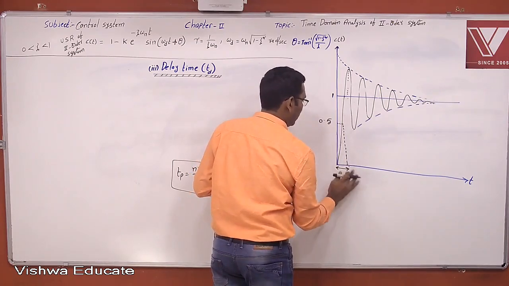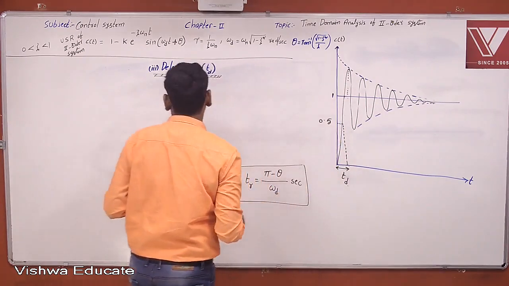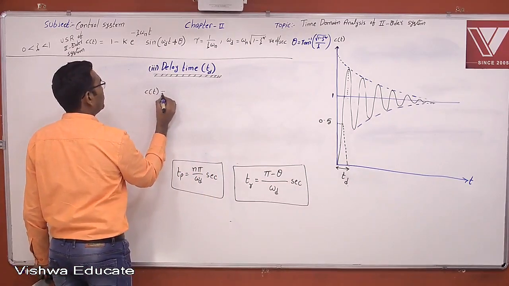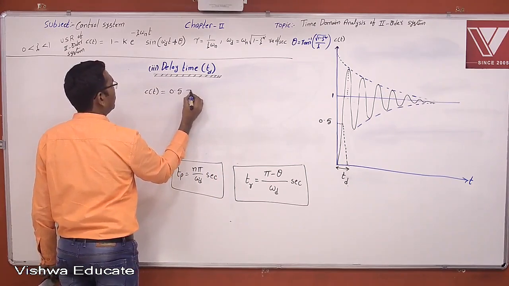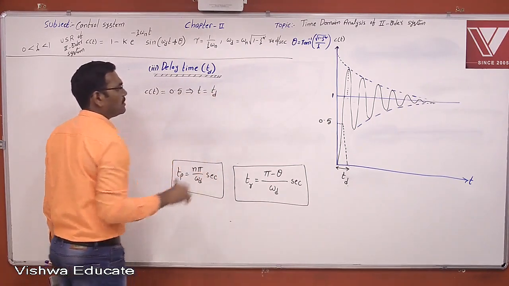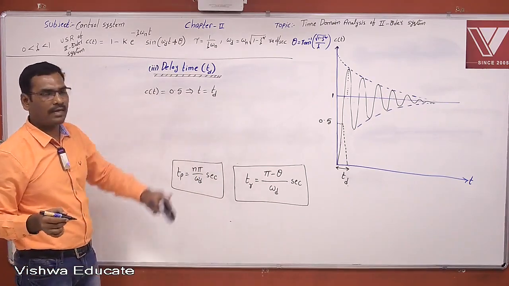The time taken by the response to reach 50% of the final value is called delay time. When the response reaches 50%, you get a time, and that time is the delay time. But this is not a derivation; it is an empirical relation based on graphical analysis.